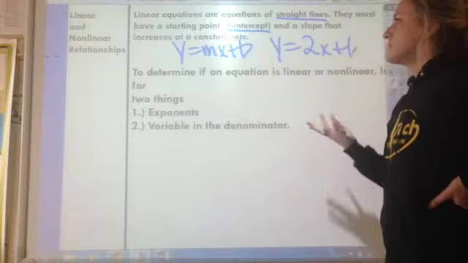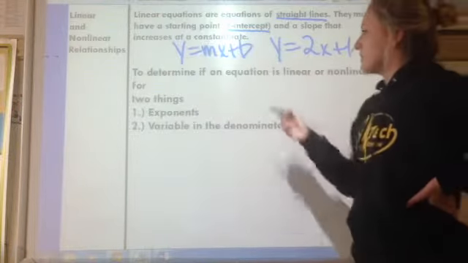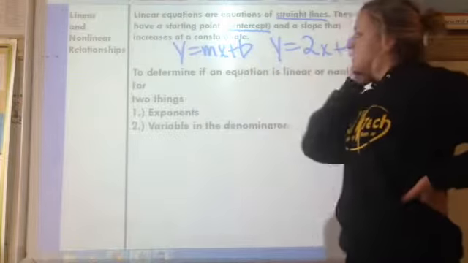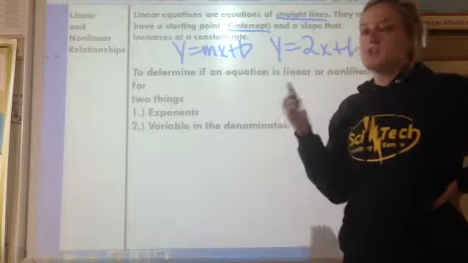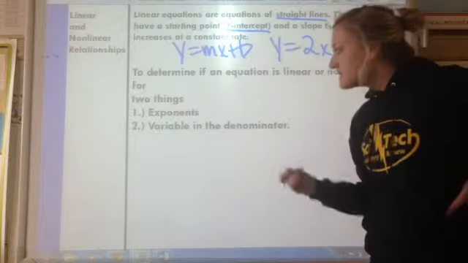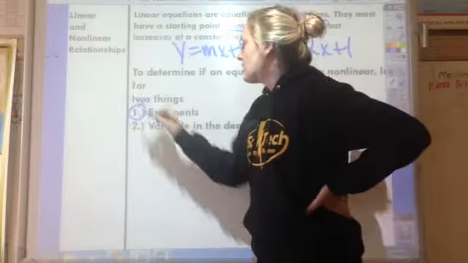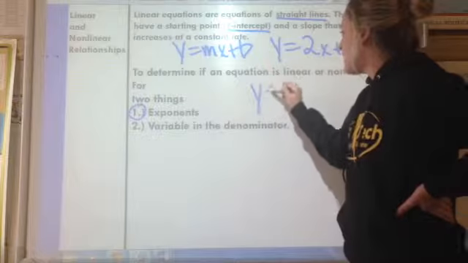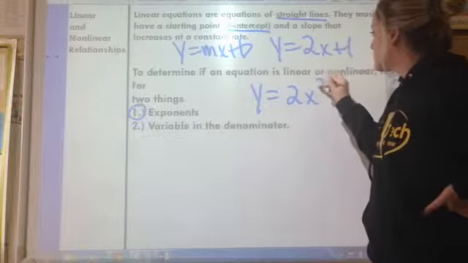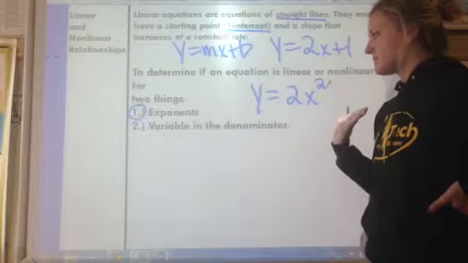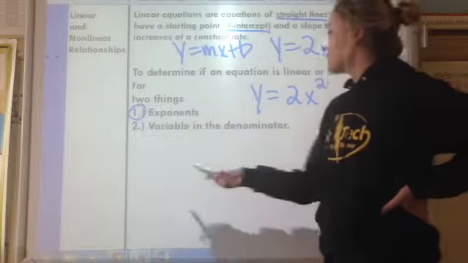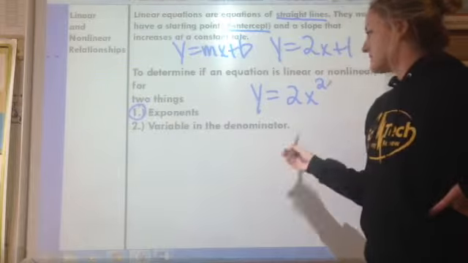But not all equations are linear, and not all equations are going to look in this form. So if I want to determine if an equation is linear or nonlinear, I look for two things. I look for exponents in the equation. If I had y equals 2x squared, because of the exponent, it's nonlinear. The other thing I look for is variables in the denominator.